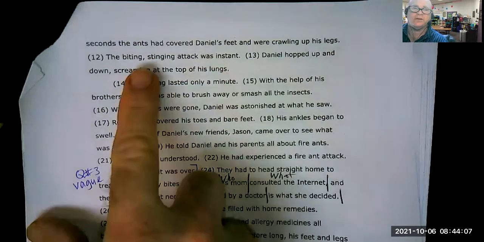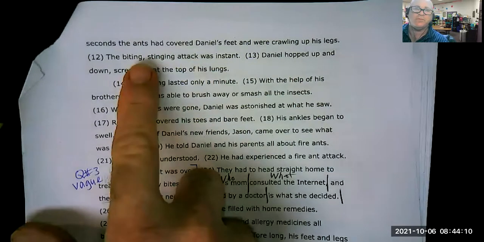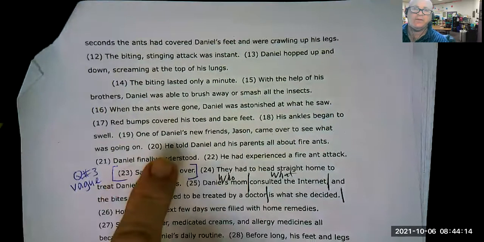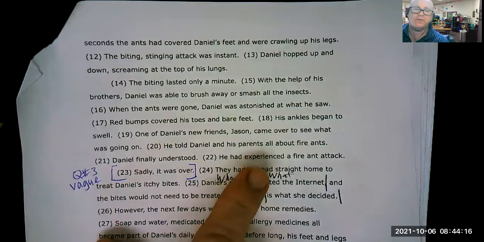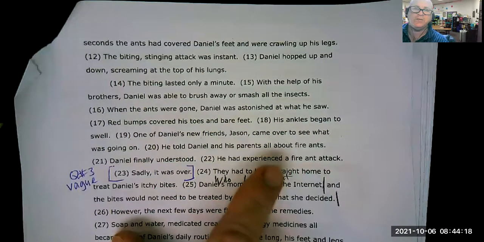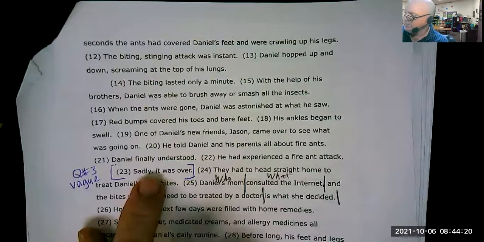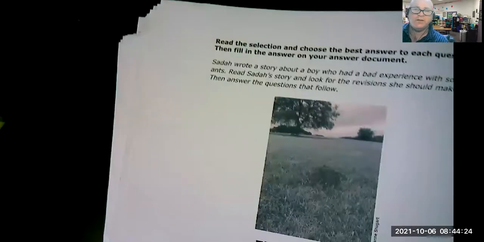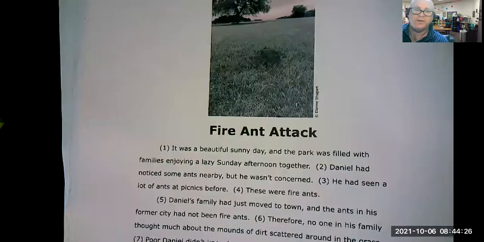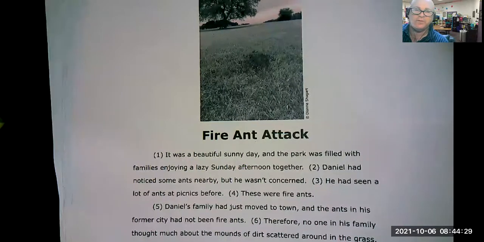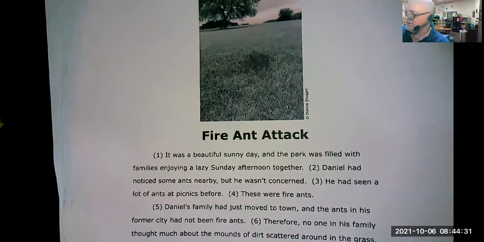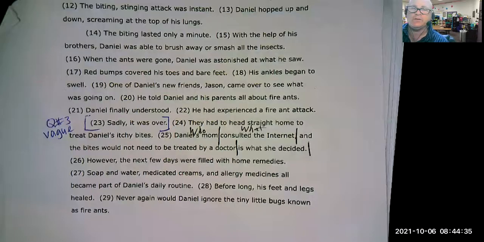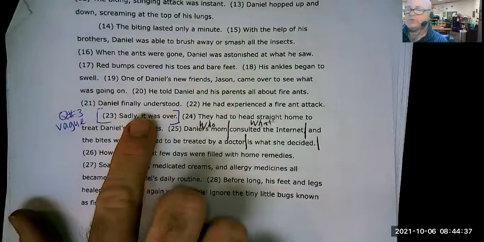You can see that just in the previous paragraph. So because that's a negative thing, he experienced a fire ant attack. Sadly, it was over. What was over? Let's check it out. It was a beautiful sunny day and the park was filled with families enjoying a day together. So that's what was over for him. Sadly, the party for him was over.